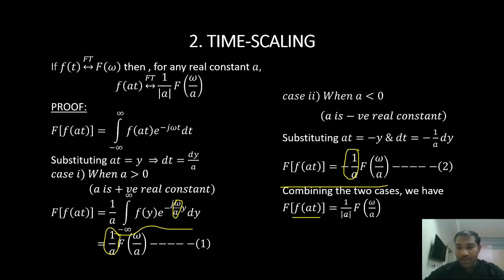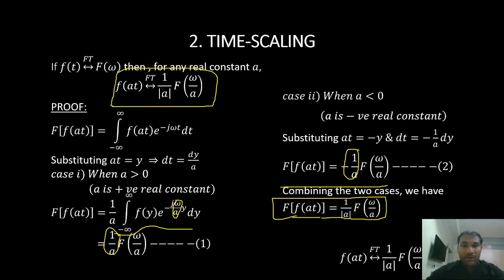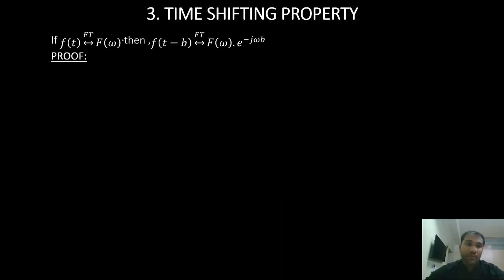That is how we concluded this statement. This Fourier transform pair, that is f(at) has a Fourier transform 1 by mod a F(ω divided by a). The next one is the time shifting property.